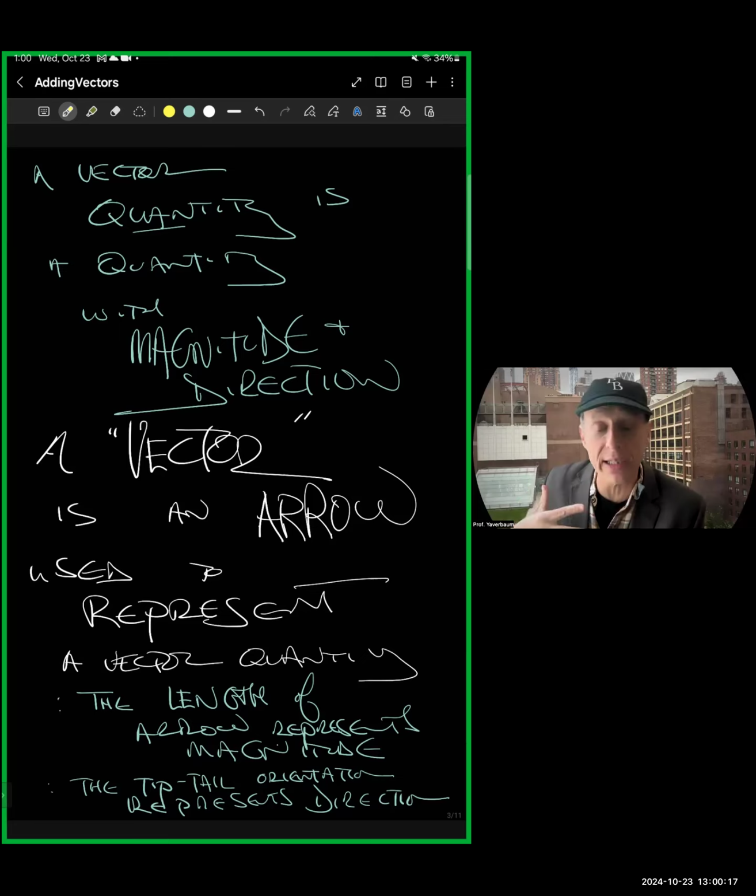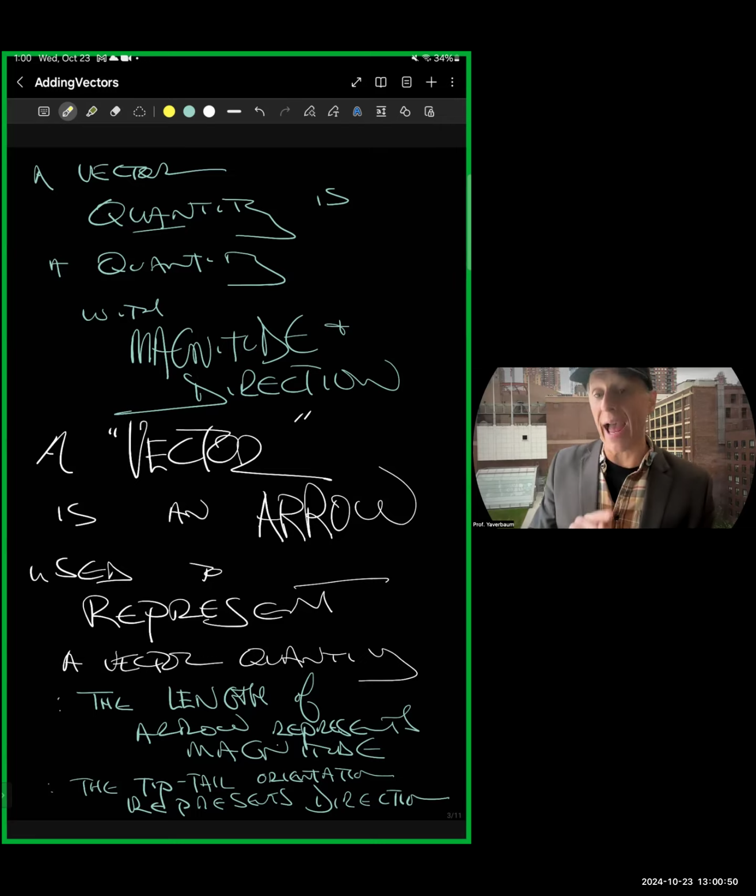Some quantities are just scalar quantities like distance or average speed. We call those scalar quantities because they just have size. But there are other quantities in physics that are called vector quantities. A vector quantity has not only size, but also direction, such as displacement or average velocity, right? Or acceleration for that matter. So a vector quantity is a quantity that has magnitude and direction.